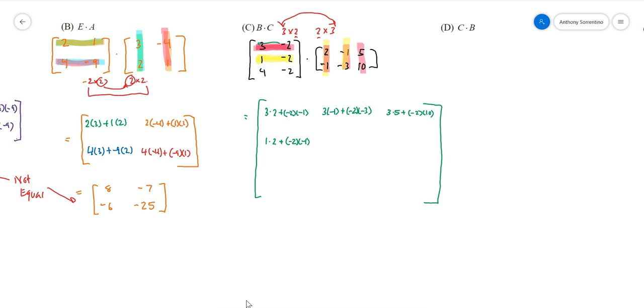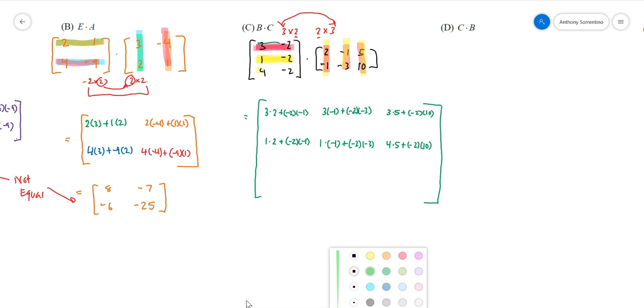So I'm going to have 1 times negative 1 plus negative 2 times negative 3. And then I'm going to have this row with this column where I do 4 times 5 plus negative 2 times 10.